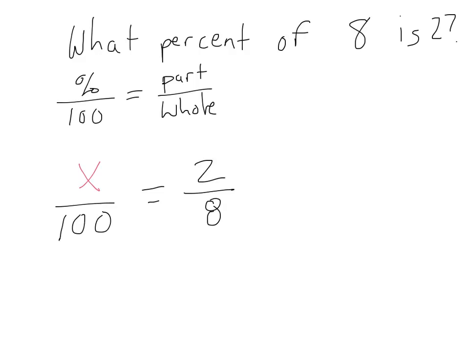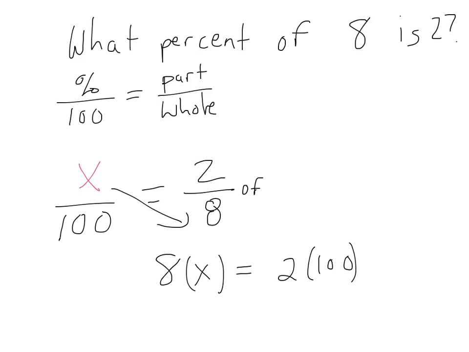2 is out of the 8. What percent of 8, you can read this bar as of, what percent of 8 is 2? So we have it set up properly. You can cross multiply here. 8 times x should be the same as 2 multiplying 100. 8x equals 200.